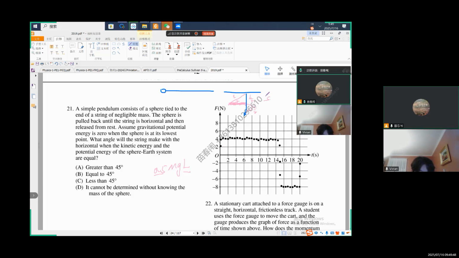The angle the string makes with the horizontal is this one, so this is also the alpha they want to ask. So sine alpha is 1/2. So alpha is 30 degrees, right? Is it?